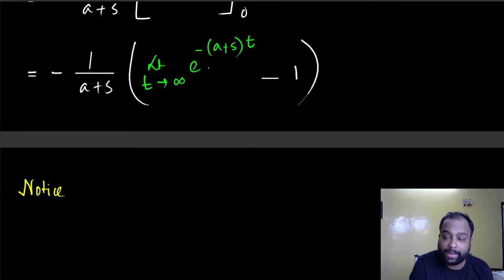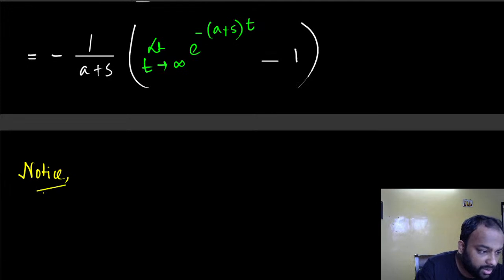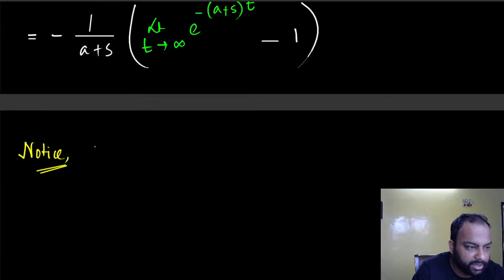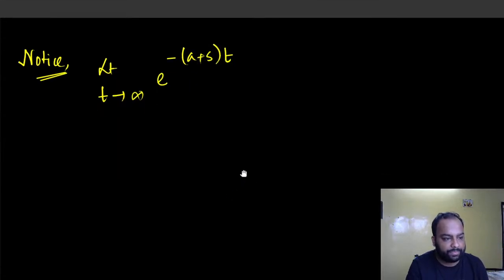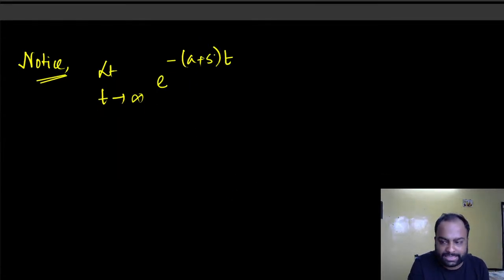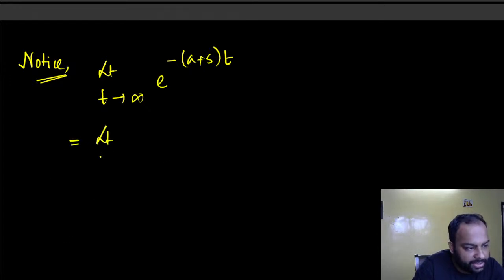Just one more thing, I am considering a to be any complex number, could be anything essentially. Notice that it is like e to the power st, but instead of s I have a plus s. So essentially this can be written like this.